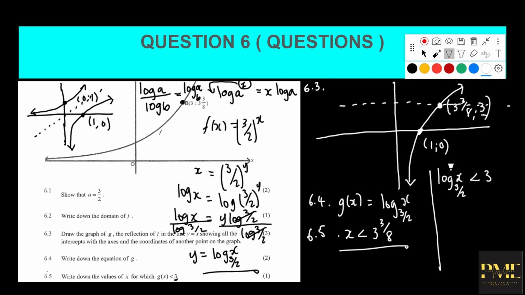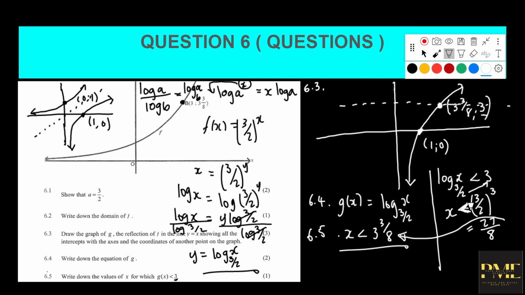Now you can get rid of this log by taking this base and making it carry this 3 as an exponent. So in other words, by taking this 3 and putting it on the other side, the log falls away and we are left with x equal to 3 over 2 all raised to the power of 3, which is equal to 27 over 8. Remember, it's going to be less than, because of what we have here.